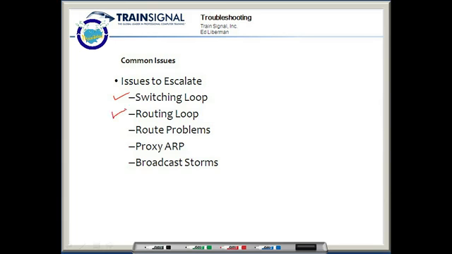A routing loop is sometimes created by the next problem, which is route problems. They're kind of related. A routing loop, to be specific, is just kind of like what it sounds like. It means that you have routers that are configured in a way that you end up sending a packet from one router to the next, to the next, to the next, and then back to the first.